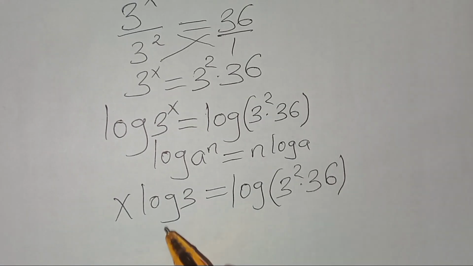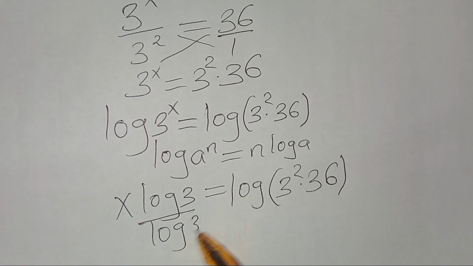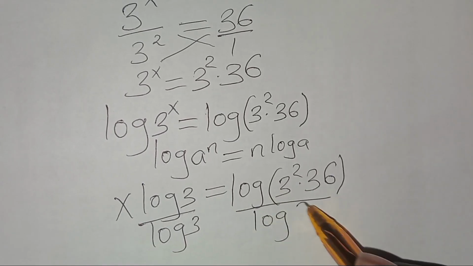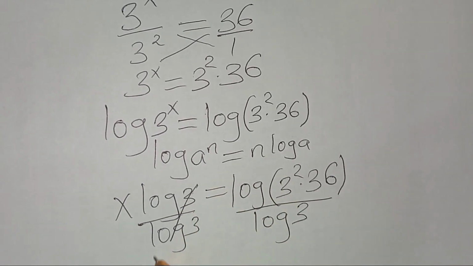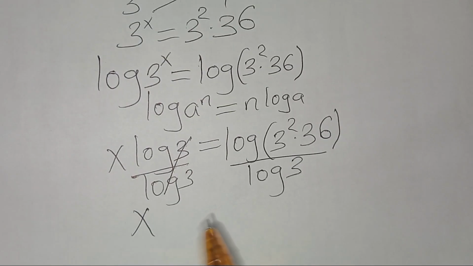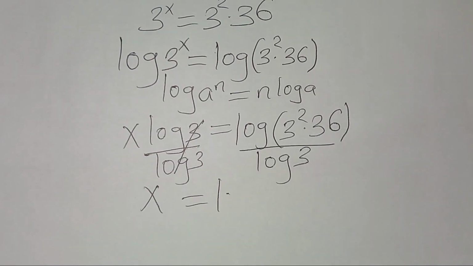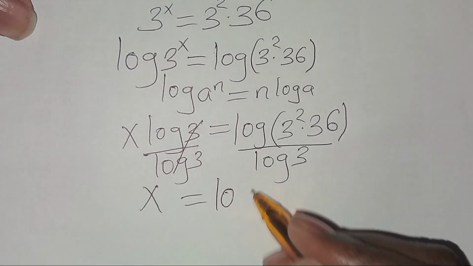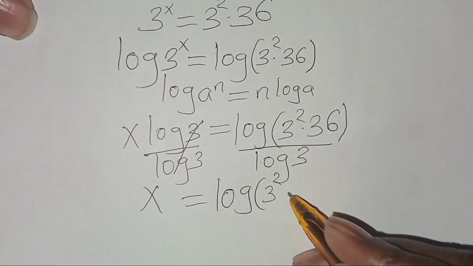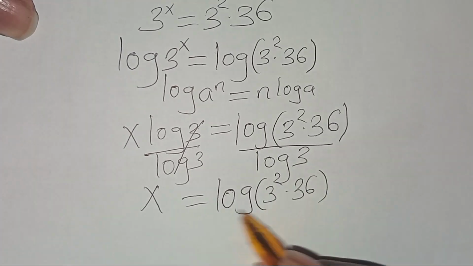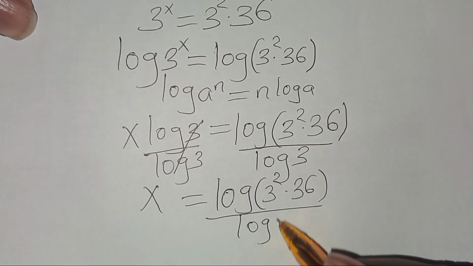Now, let's divide both sides by log 3. So that now the value of x is equal to log of 3 to the power 2 times 36, divided by log 3.